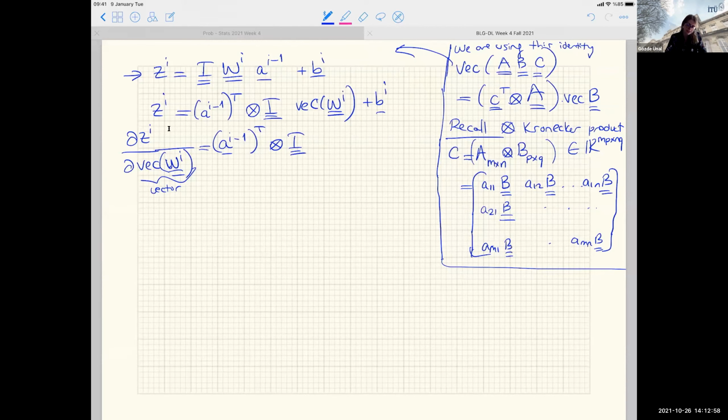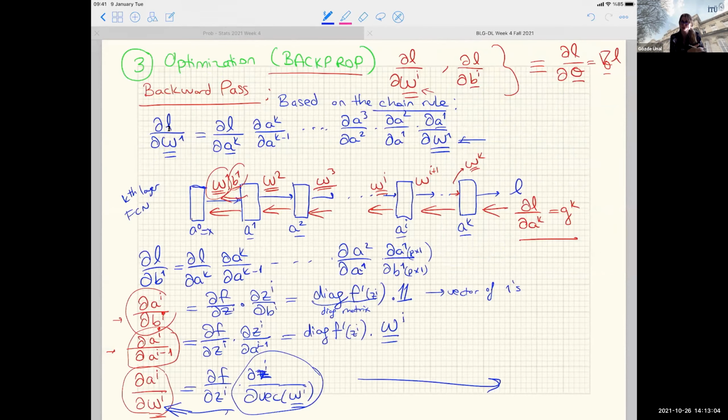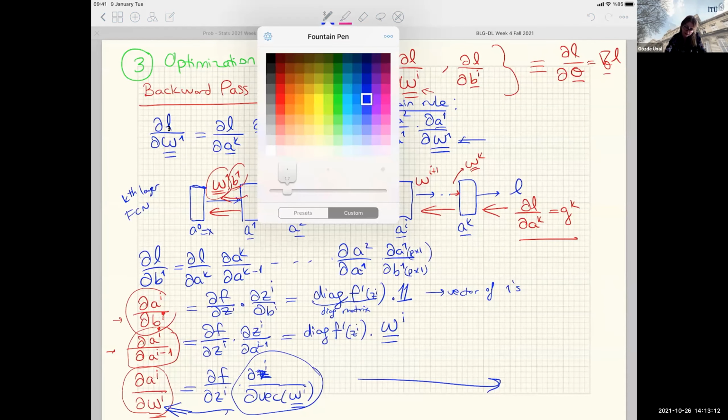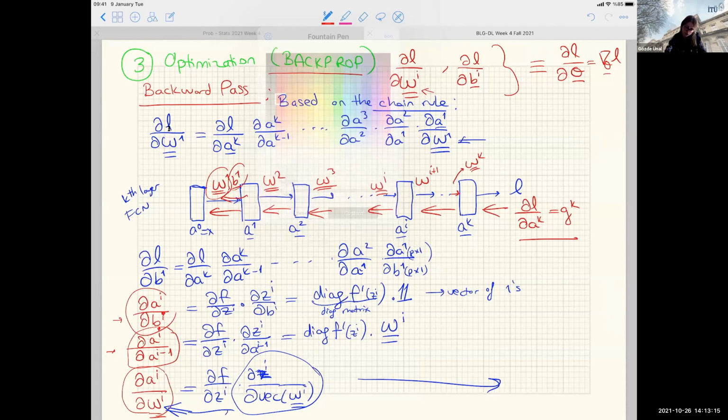Now we also need to define some recursion, so as not to calculate everything all the time. On these guys, we have a recursion here. So you see the derivative of the loss with respect to the activation.